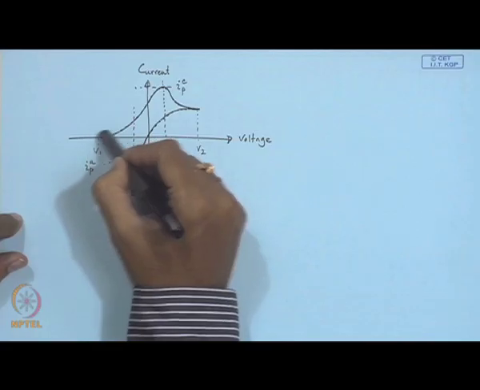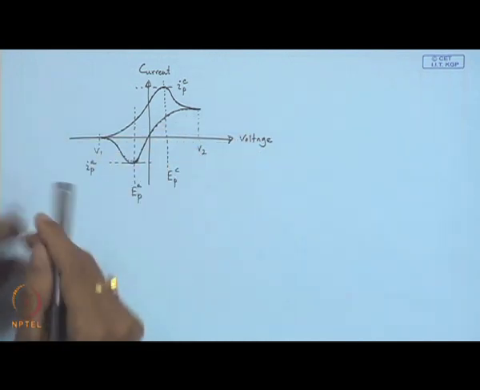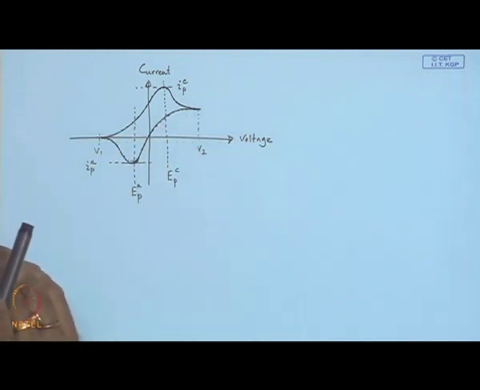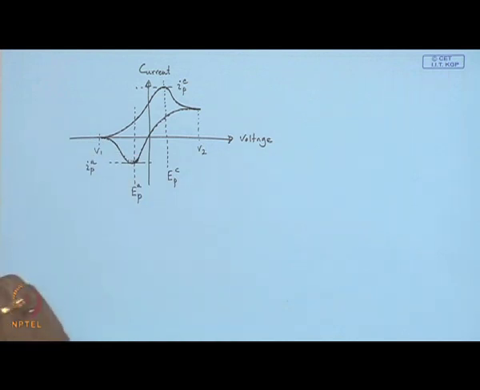So here it is electrode to solution, and now solution to the electrode. It occurs in the opposite sense to the forward sweep, but otherwise the behavior can be explained in an identical manner. So it is just the reverse.